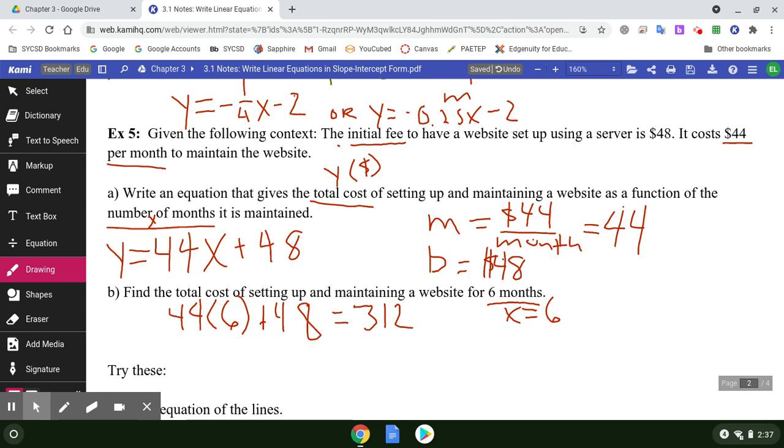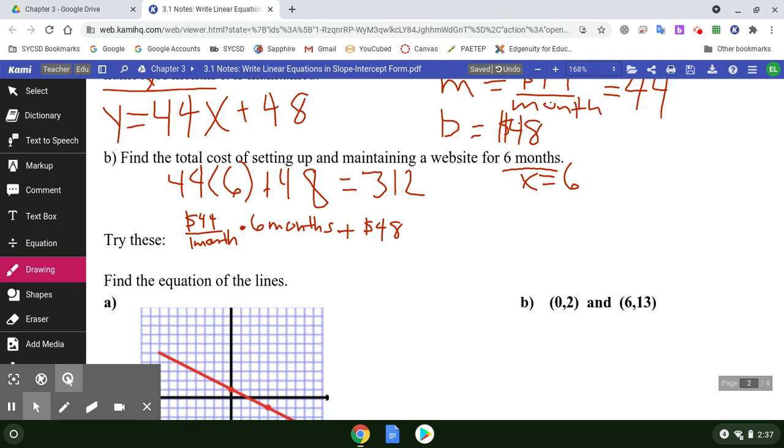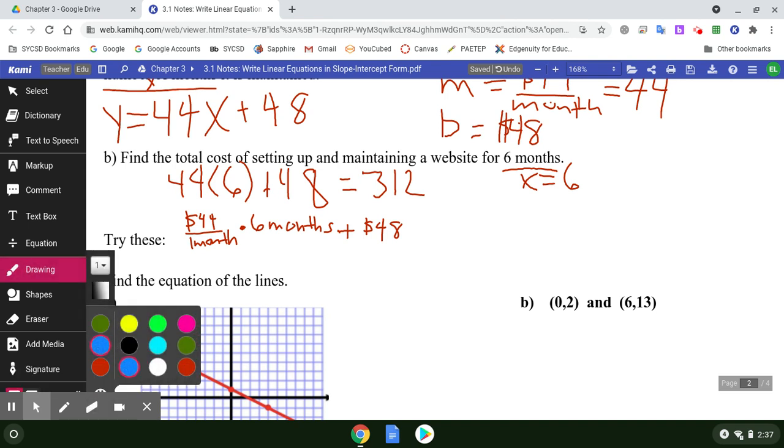So we have $44 per month multiplied by the 6 months that we are maintaining the website plus the initial setup fee of $48. When simplifying this, notice the months divide out, and all we need to do is take 44 times 6, and we are left with $264 plus the initial 48 to give us a total cost of $312.